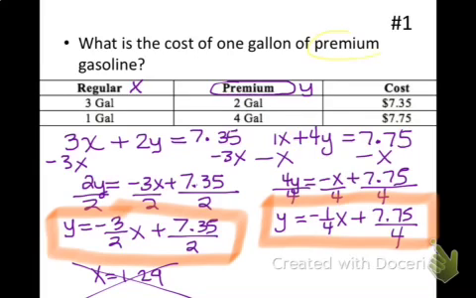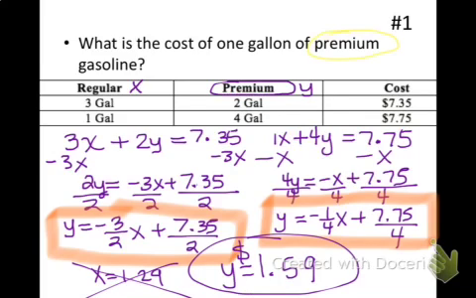We were asked what the premium cost was, so you have to keep in mind what you're being asked. So we only care what Y is, and Y is equal to 1.59. So this would be our answer. The premium gas costs $1.59 per gallon. I wish that's how much premium gas costs, but hey, what can you do?